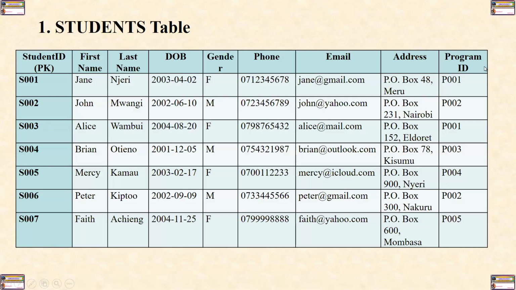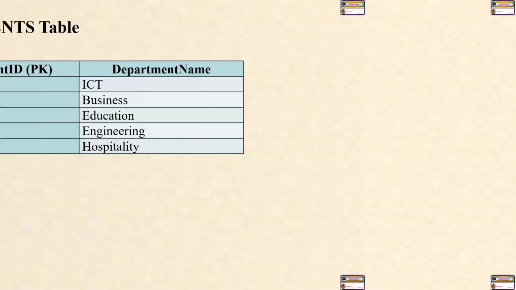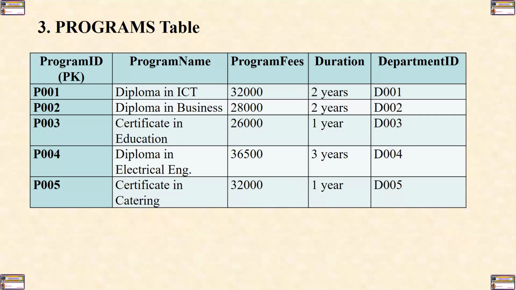Because of this program ID field, we had to enter data into the programs table before we entered data in the students table. So we had to fill this data first, before we could enter data into the students table. That's why we were prompted to fill the programs table first.